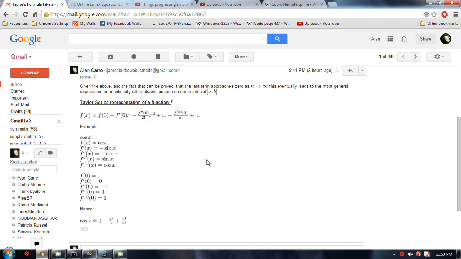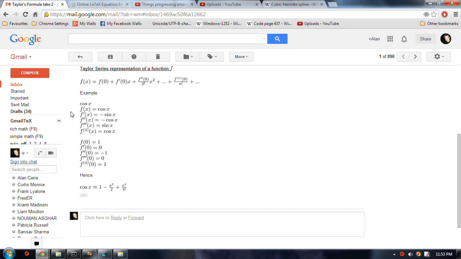And I just worked out quickly the first few terms for cosine of x. You take cos x, and here are its first 4 derivatives. Cos derivative is minus sine, and the derivative of that is minus cos, and then that brings you back to sine, and then cos again, right?